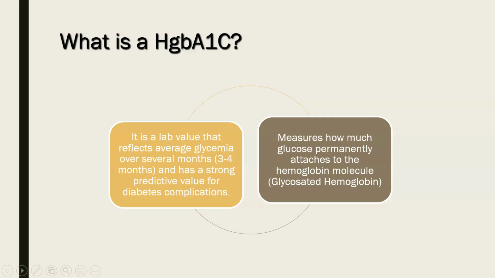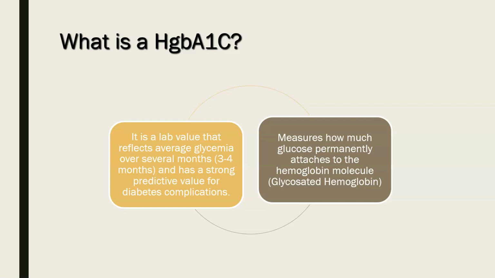So, what is a hemoglobin A1C? It is a lab value that reflects the average glucose over several months, about 3 to 4, and it has a strong predictive value for diabetes complications. It measures how much glucose permanently attaches to the hemoglobin molecule.